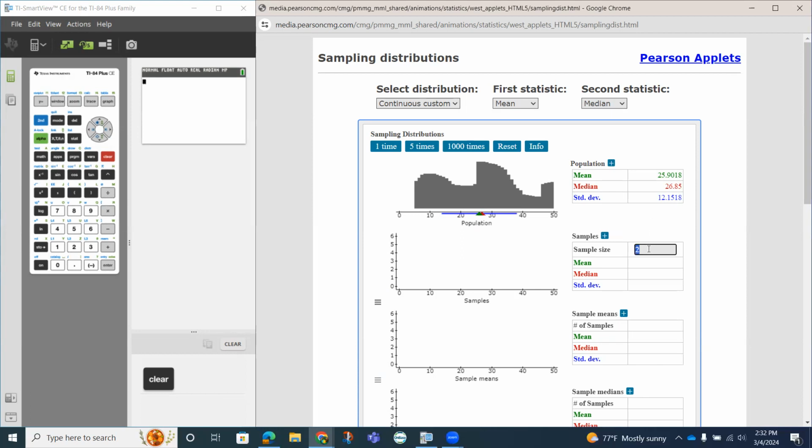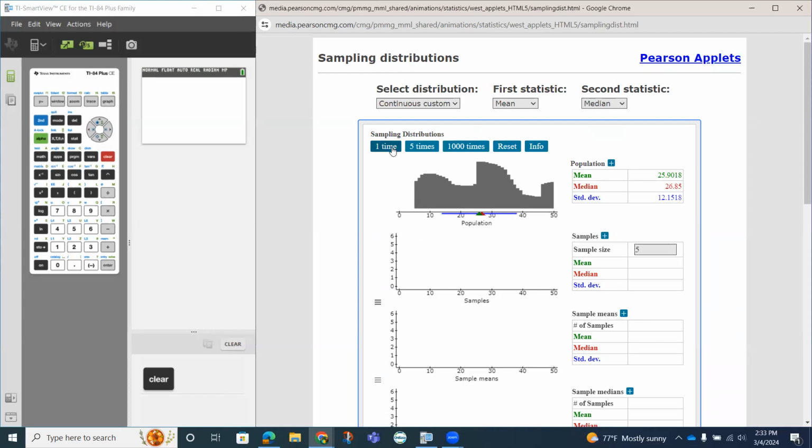For the sample size, let's start with 5 to make it go slow. What I want to do is run the simulation one time. It will grab 5 values randomly from our population, bring these 5 values down, and then do a mean of those 5 values.